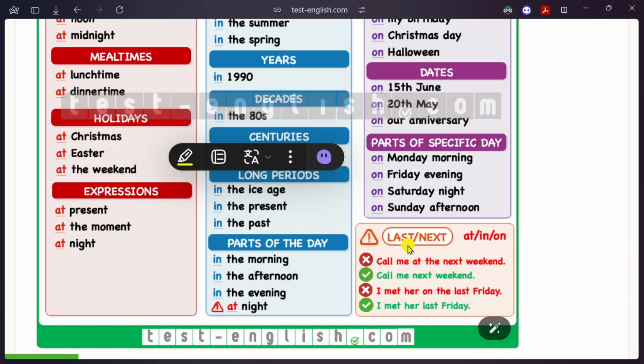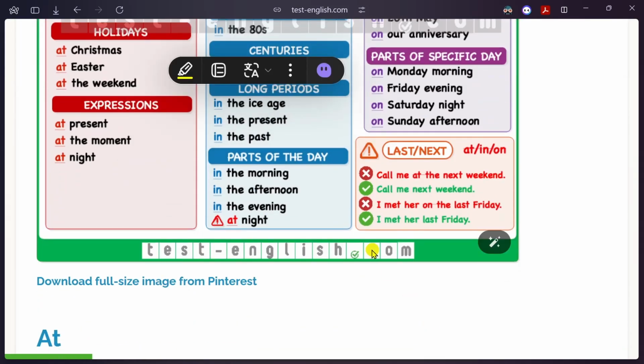But if you use last or next, we don't use any preposition before it. So these prepositions, you just have to practice them until they become familiar, like automatic.